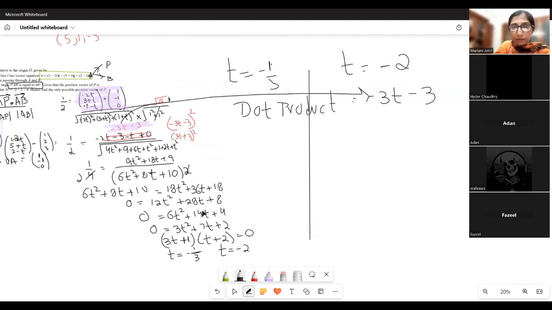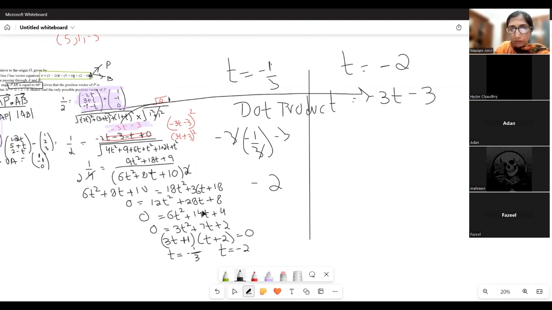Okay. So now let's see what are we getting when we substitute -1/3. Do we get a negative value? 3 and 3 gets cancelled. So we have 1 minus 3, which is -2. So -1/3 के लिए तो negative dot product आ रहा है, which is an obtuse angle. So वो वाला t नहीं accept करेंगे.